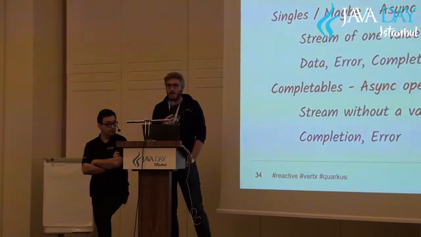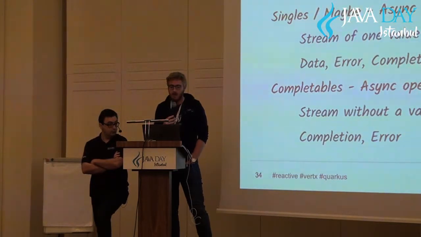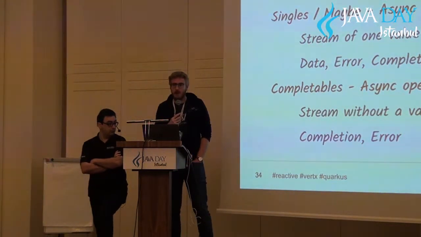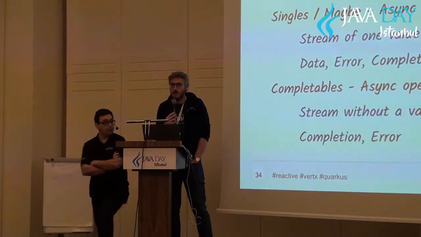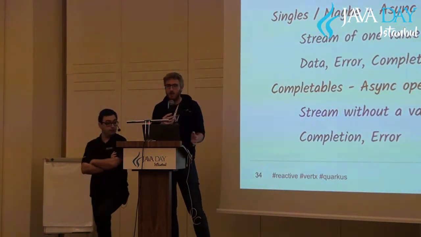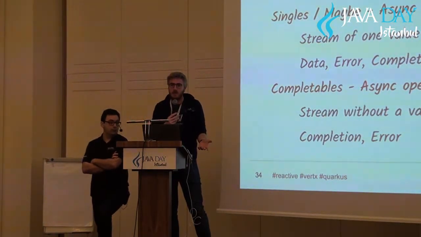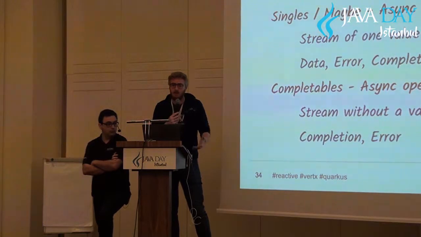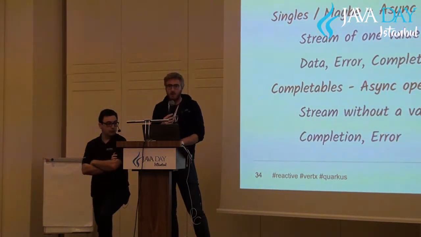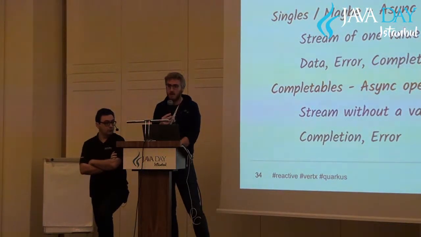Then we can have data or errors transformed into the stream. A stream can have single events or multiple events, and maybe an event is just the completion of a task that will be executed in the future. So maybe we are not really expecting data at the end of it. That's why we have the completables.